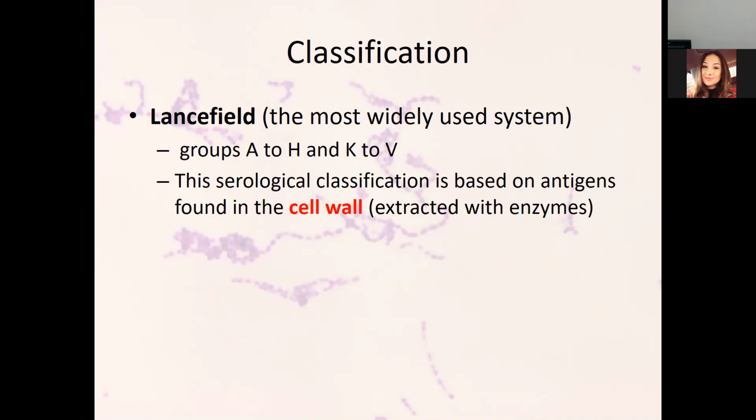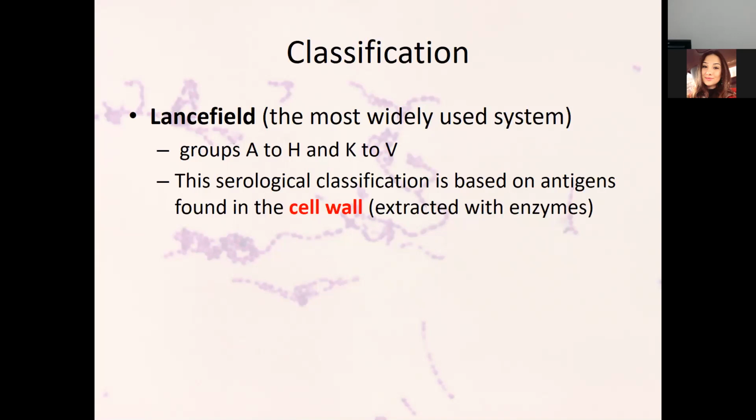The way they classify them is the antigens are different for different species of Streptococcus. And the cell wall is where those antigens are found. And you should have an idea of that. So these bacteria have certain things coming out of their cell wall that's different from the other one.